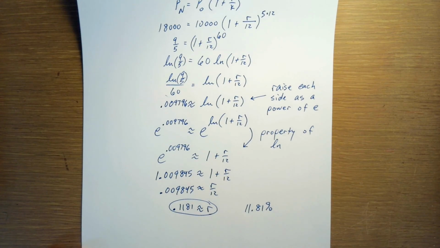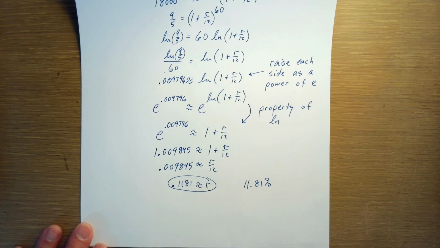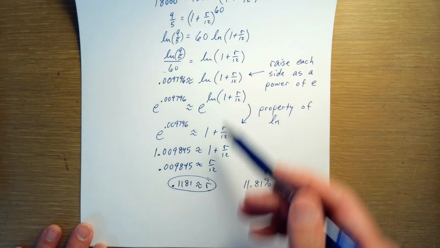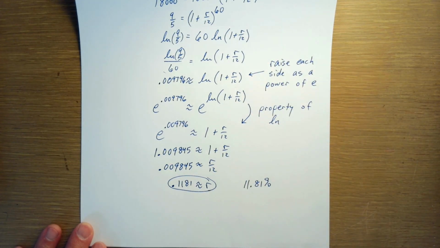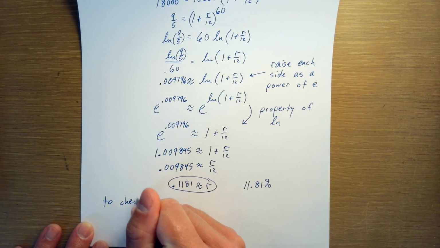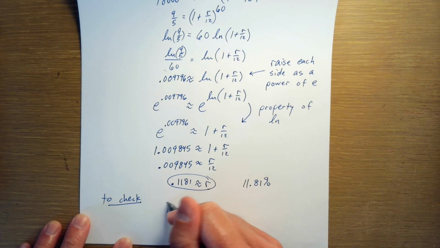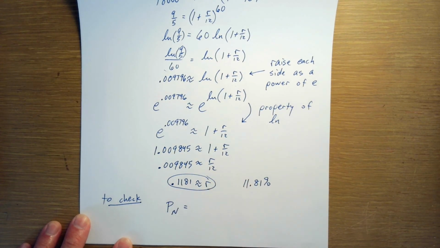And if you want to check your answer, this isn't part of the problem, but say you wanted to check, because this required a lot of work, so how do you know that your answer is correct? To check, you can just plug in. So you get back to your original equation, P sub n should be 18,000. We'll pretend like we don't know what it is.